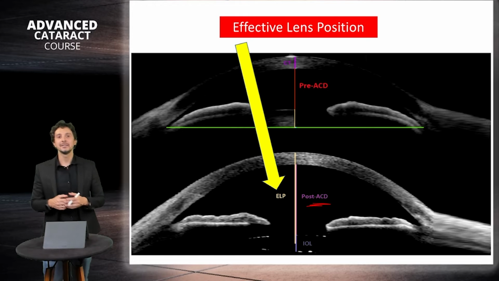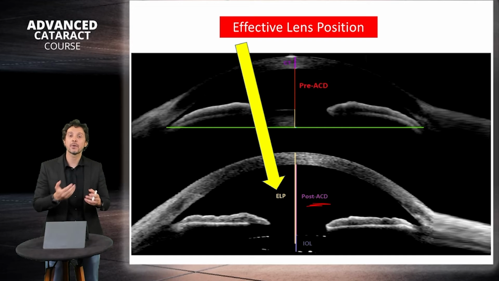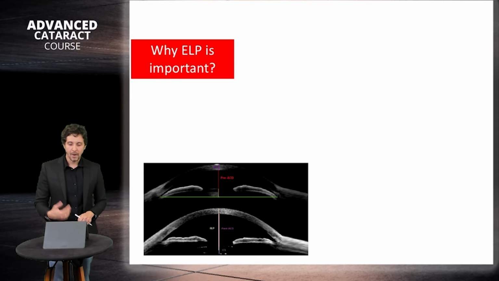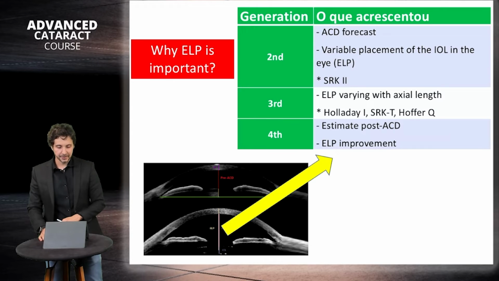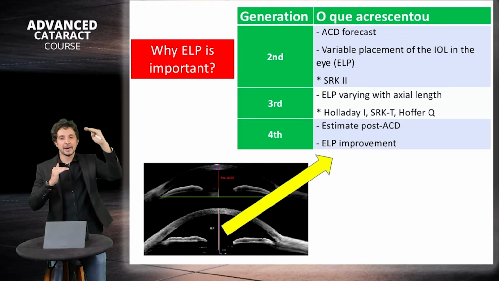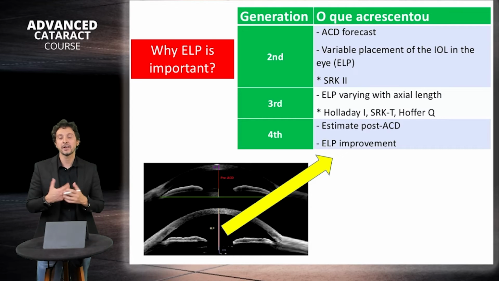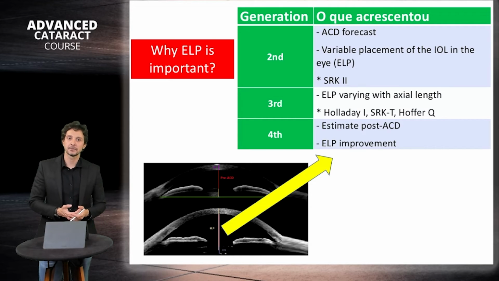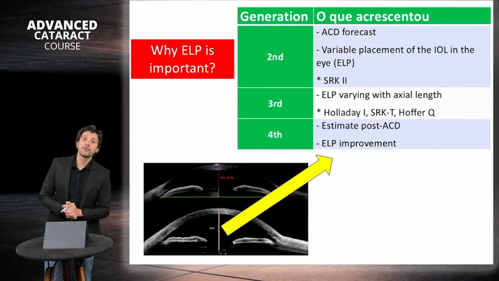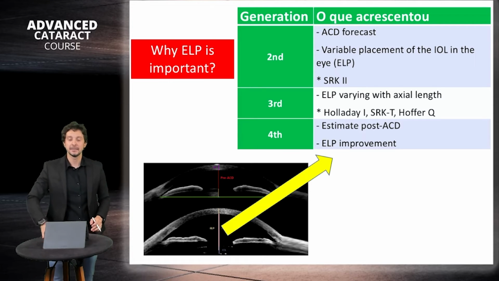Sergio, but how can this ELP modify my IOL calculation? Let's go. Here, why is ELP important? Observe here. If the IOL stays more up or down, of course, it will modify your IOL calculation. So the IOL formulas, second generation, start with ACD, forecast variable placement of the IOL in the eye, ELP.